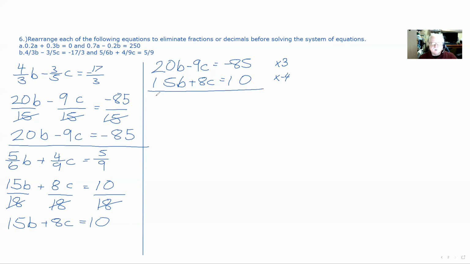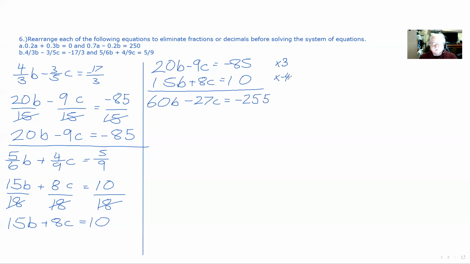So 3 times 20 is 60b. 3 times 9 is 27, so a negative 27c. And 3 times 85, I have no clue what that is equal to. 85 times 3, and it's going to be a negative 255.